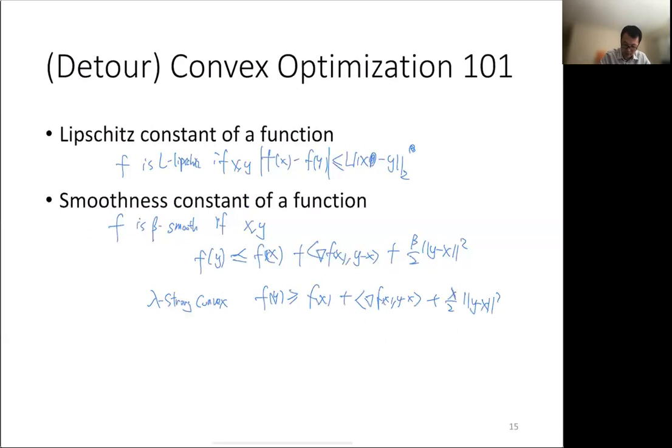Strong convexity gives you a lower bound, and beta smoothness gives you a quadratic upper bound. Together they say that this function is sandwiched between two quadratic functions at any location x.